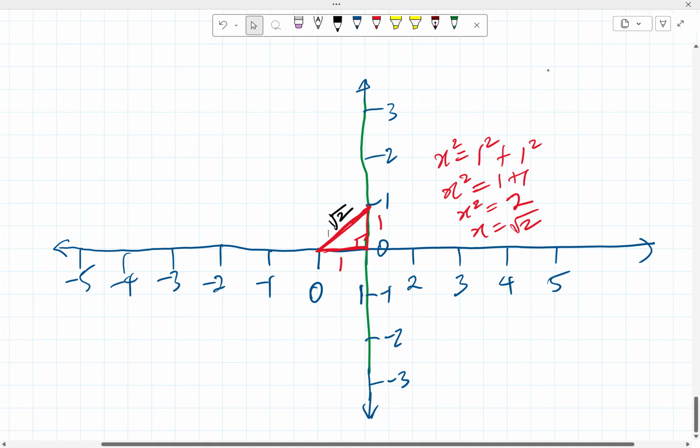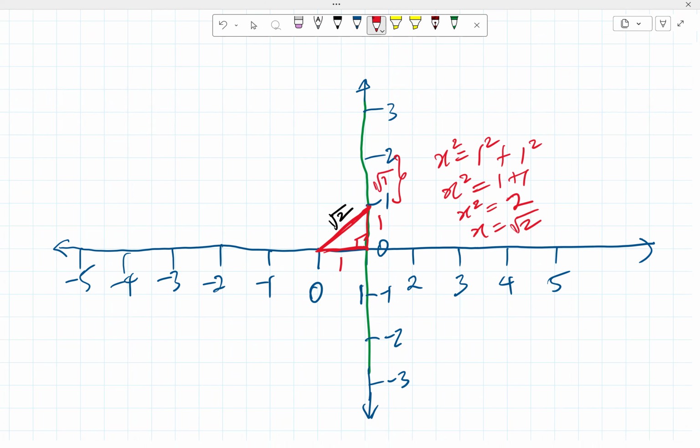I guess I want to use a color. So 1.414, so the square root of 2 is somewhere here. Square root of 2 is somewhere there, like that. Okay. So that's how we locate the square root of 2 on the number line.